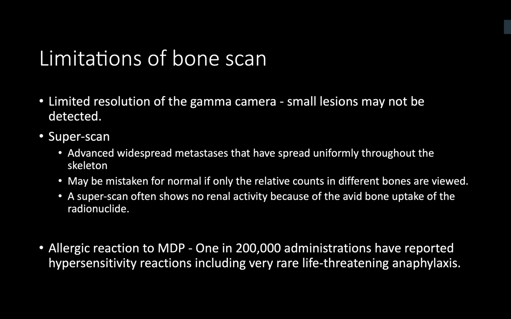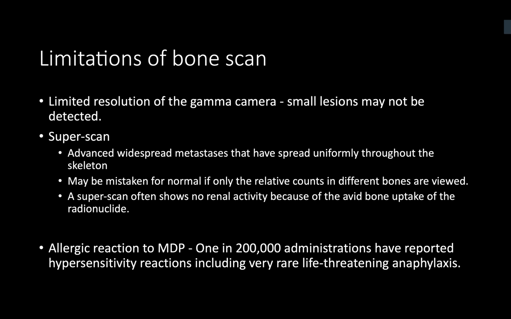So what is super scan? Super scan is where there's so much bone activity that the isotope is taken up by the bones, and the kidneys are not outlined, or there's no outline of renal excretion. Why is there no outline of renal excretion?